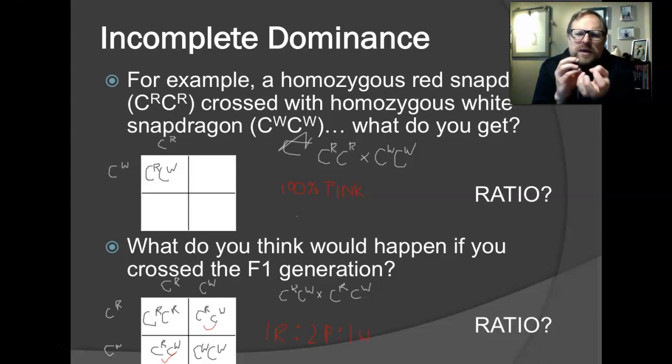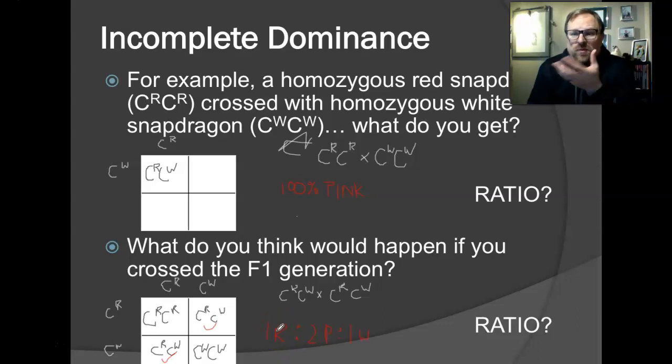And that's how we came across these ideas of other patterns of inheritance, multiple alleles, incomplete dominance, codominance, is those ratios just don't seem to work anymore. When you cross two heterozygous individuals, previous to what we've just talked about, we should have ended up with a phenotypic ratio of 3 to 1. 3 to the dominant, 1 to the recessive. We don't have that here. We have a 1 to 2 to 1 ratio.